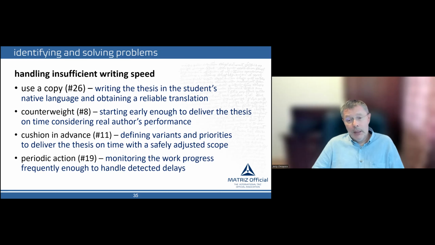Another strategy is to define priorities and start writing with the must-have and should-have sections, leaving the ornaments, the nice-to-have fragments, as the very last ones. Such an approach allows us to minimize the harm of not finishing exactly on time. And finally, like in any project, it makes perfect sense to monitor the work progress periodically.